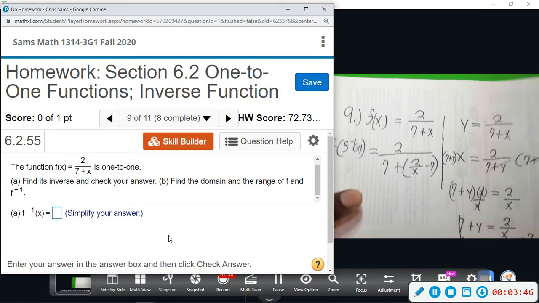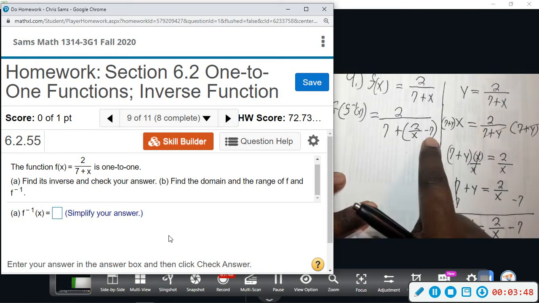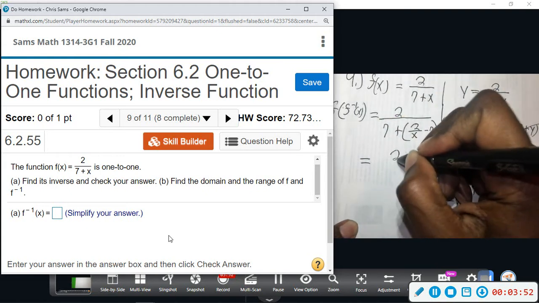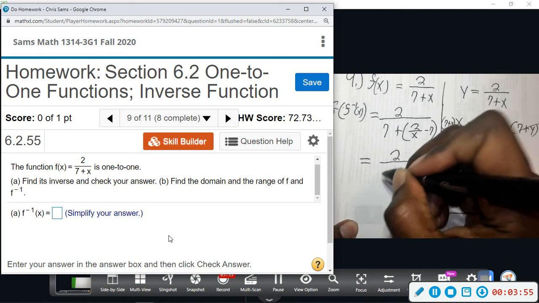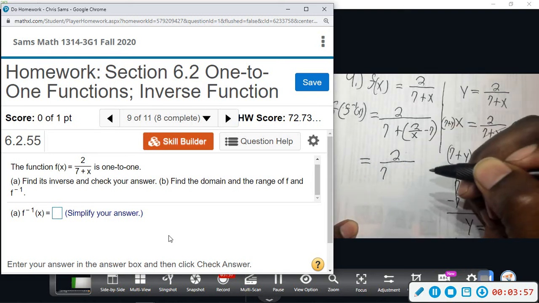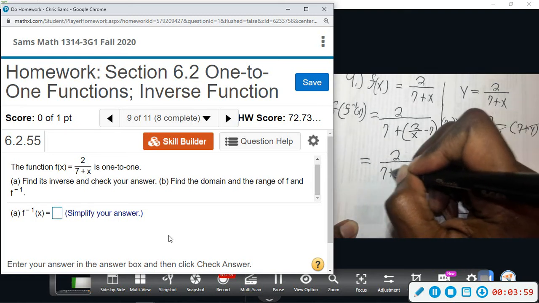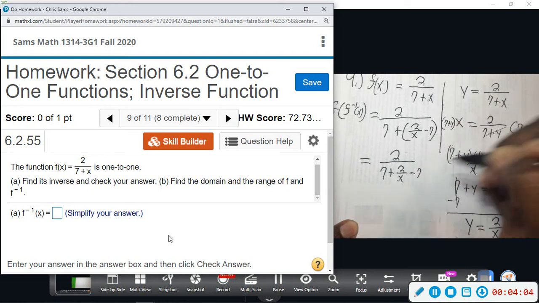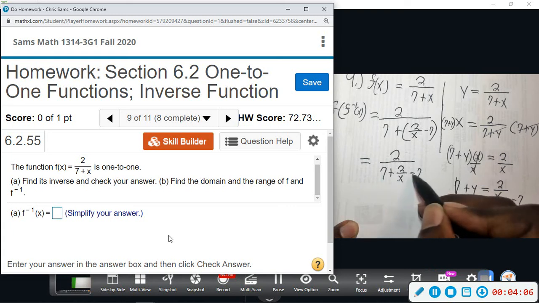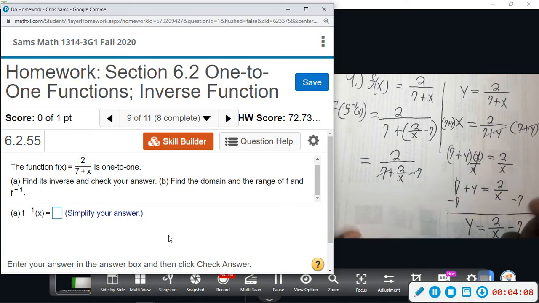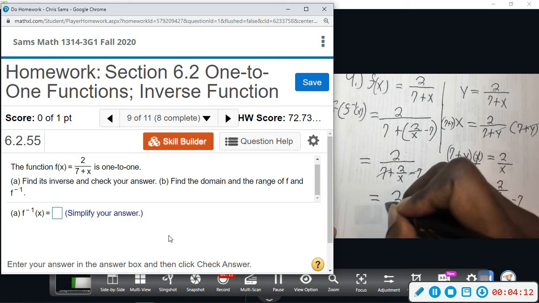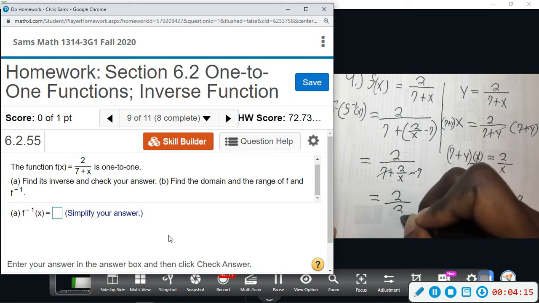Alright, we can't do anything inside parentheses, so we can just drop them. That gives us 2 divided by 7 plus 2 over x minus 7. The positive and negative 7 will cancel each other to be 0, and then we're left with 2 divided by 2 over x.